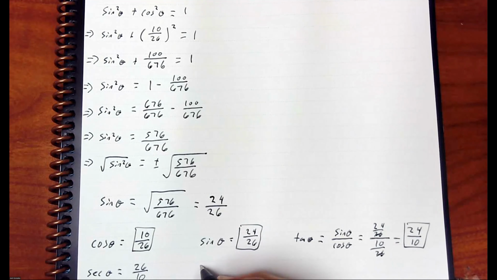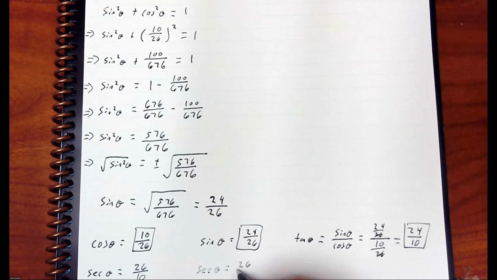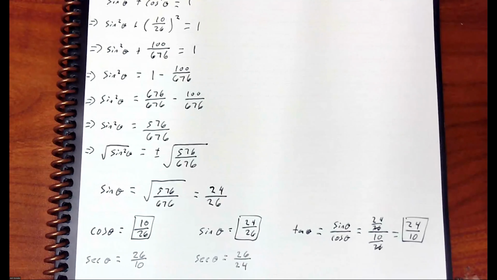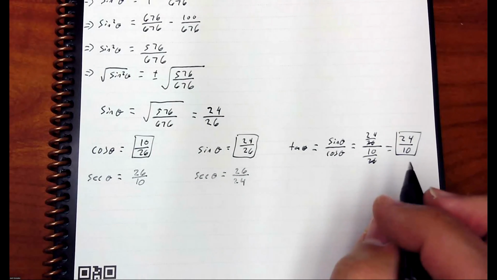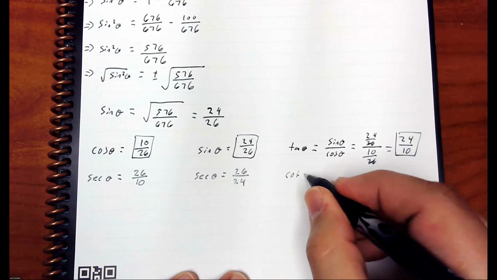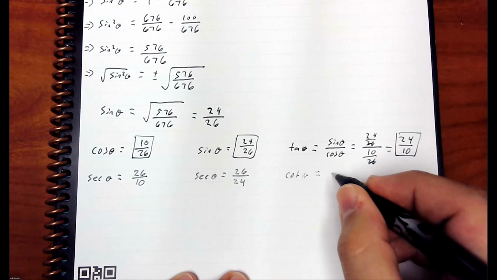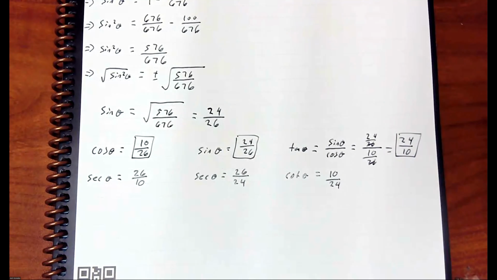Reciprocal of sine? Flip that one over. Flip the tangent over to get cotangent. Okay.